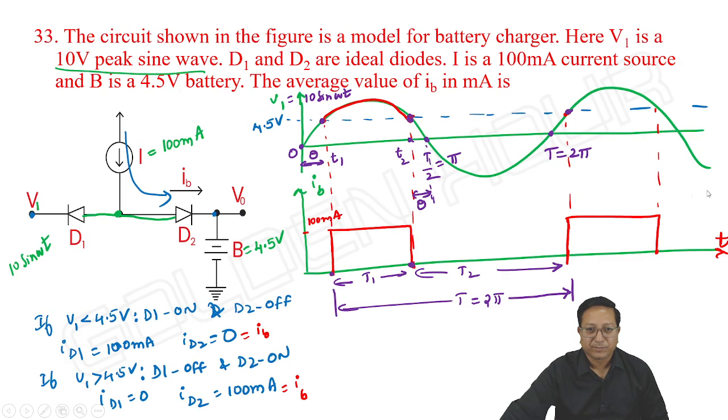Okay. Then what about T1? Here, small t2 minus small t1 is equal to capital T1. So how do we write it? t2 is equal to pi minus theta and t1 is equal to theta.